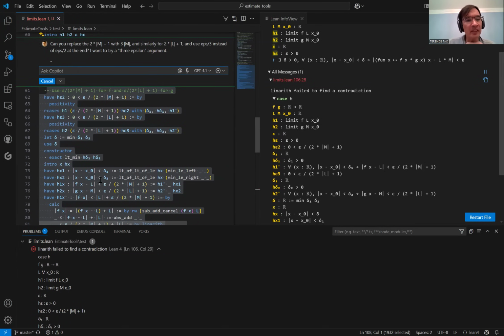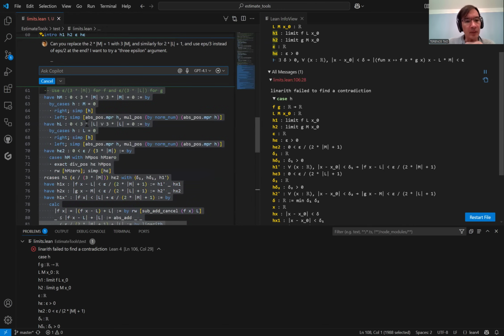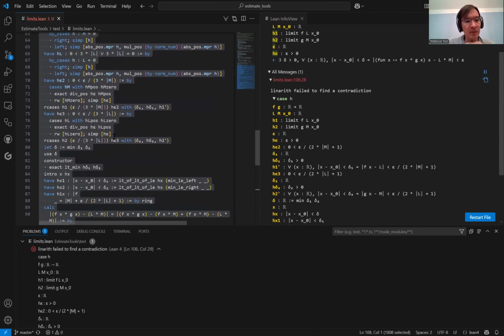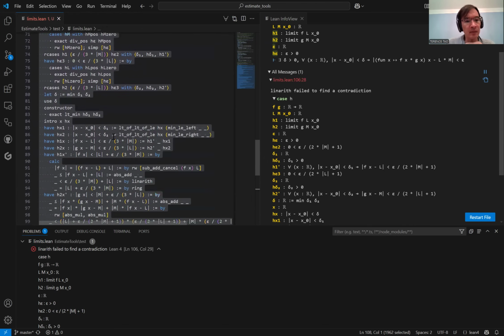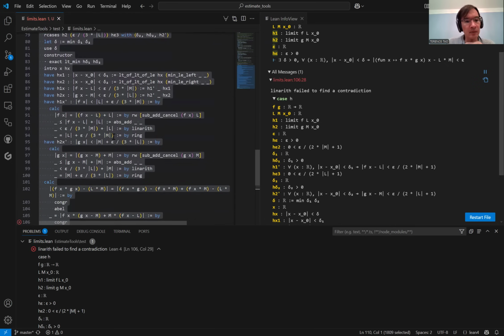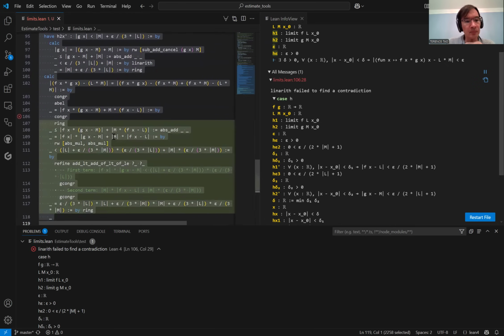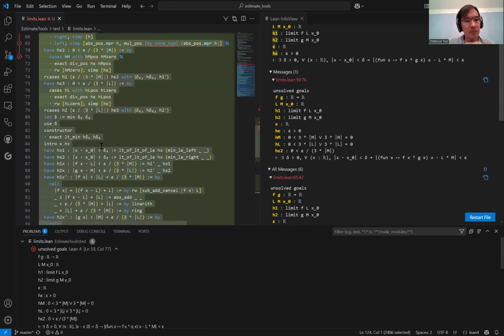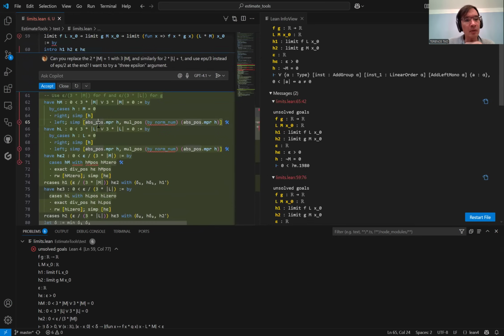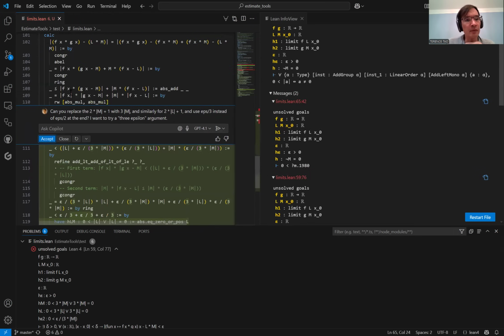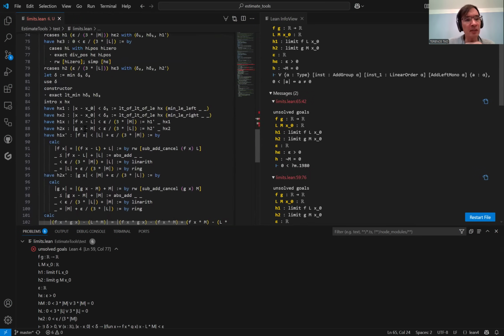Let's see if it can do a complex change like this. All right, so we are changing what our epsilons are. Okay, unfortunately, it did mess up a few things. Let's see.